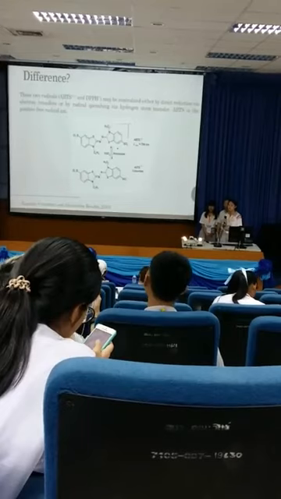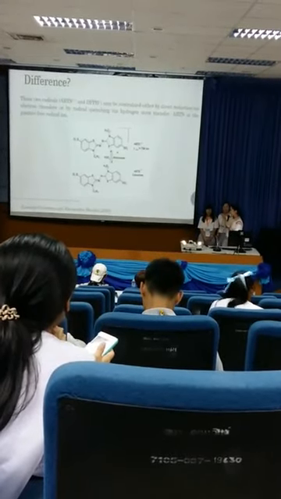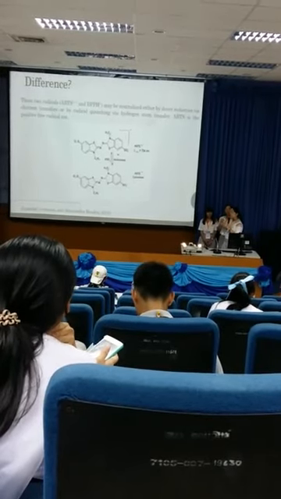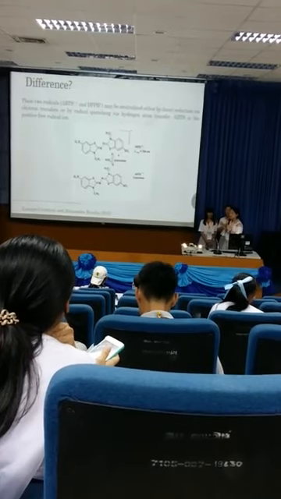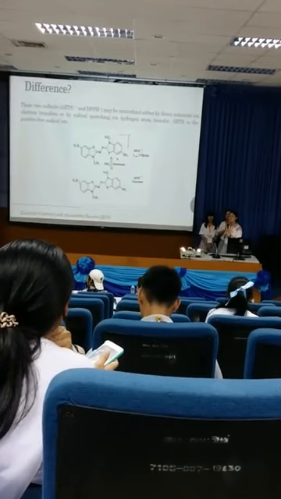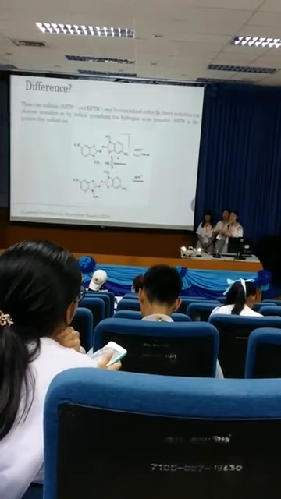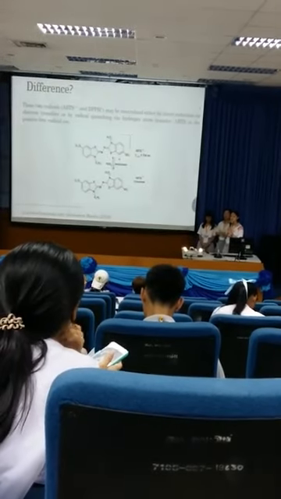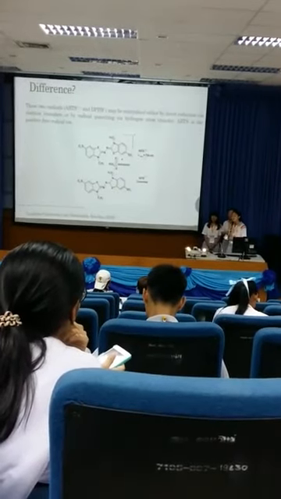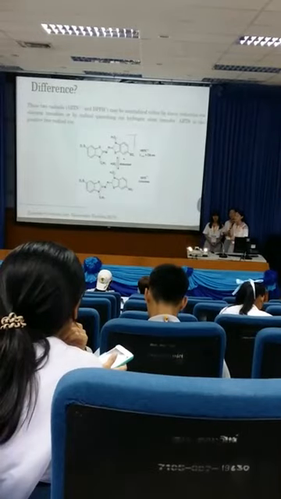So you use DMSO or ethanol or water? We use ethanol in the process of the extraction, but when we get the crude extract, we use DMSO as the solvent after extraction. That's why you need DMSO as a control to test inhibition activities, right? Yes, negative control.